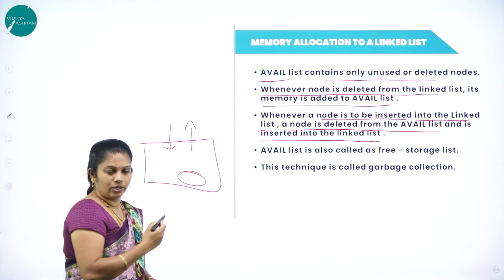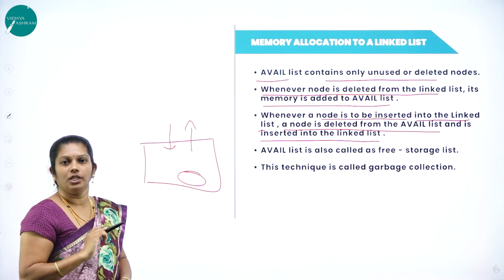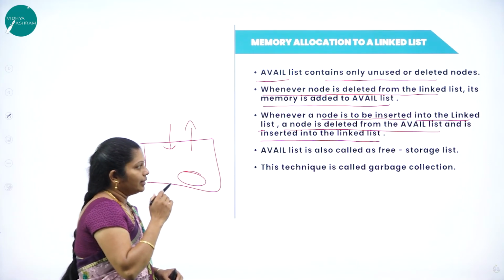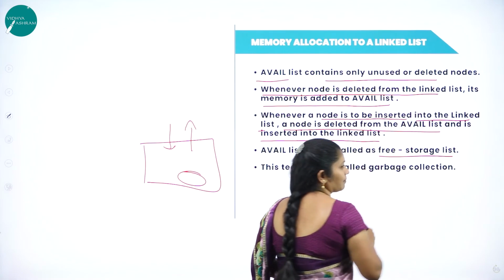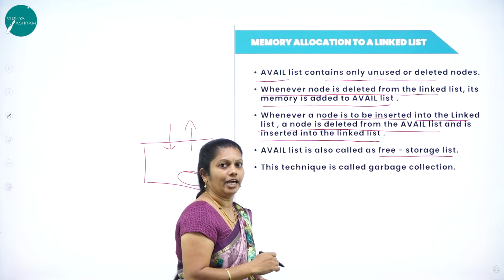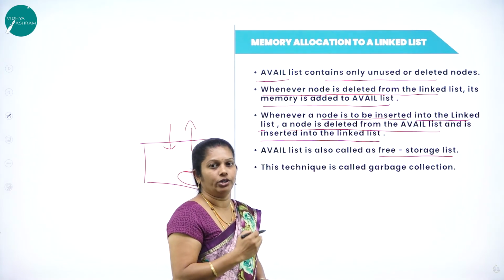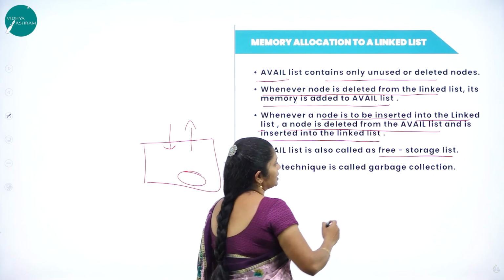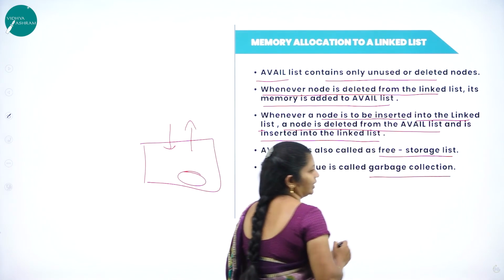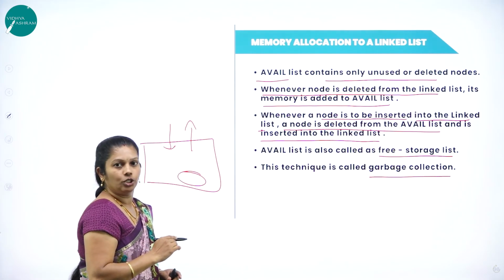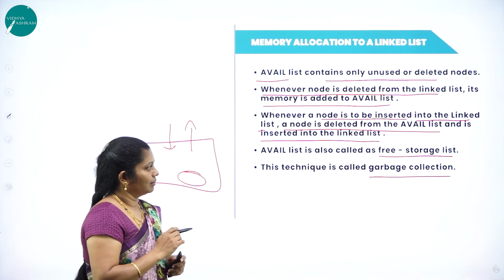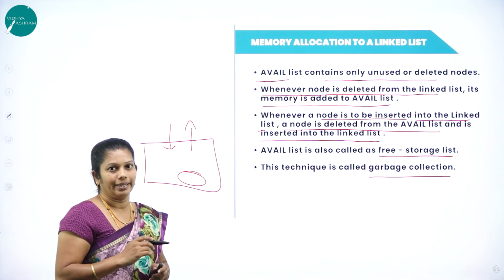Once again, if I want a node, then we take it from the avail list only. The avail list is also called the free storage list. And this technique of deleting unwanted nodes or storing unwanted nodes is called garbage collection. Now is it clear? This is nothing but memory allocation for a linked list.